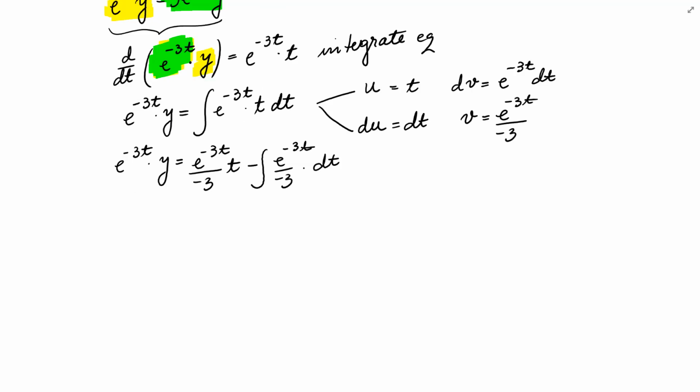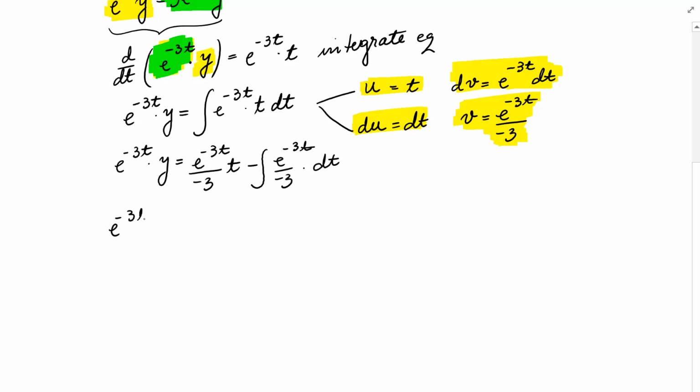So I solved it. I chose as my u to be t and my dv to be e to negative 3t dt, and then du would be dt and v would be the integral of the above. So we end up with e to negative 3t times t over negative 3 minus the integral of e to negative 3t over negative 3 dt.